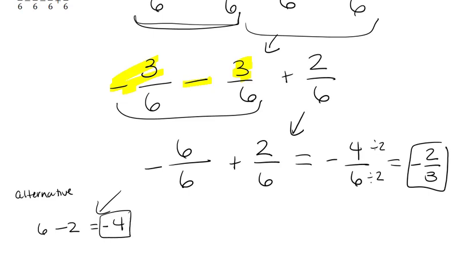So that would have been negative 4. So this is another way, if going negative 6 plus 2 was something that was a little bit more uncomfortable. You can do this alternative route here.